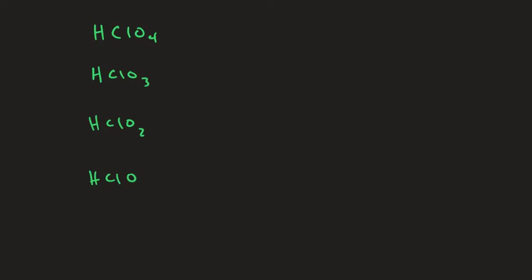Okay, so let's talk about ones where we've got multiple oxygens and possibilities here. HClO4, ClO4 is the perchlorate ion. And when we change this, the ate is going to change to ic. So this as an acid, if I split that, the ClO4 is the perchlorate ion. This is going to be perchloric acid.